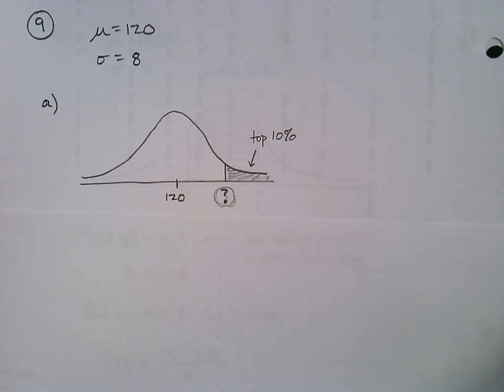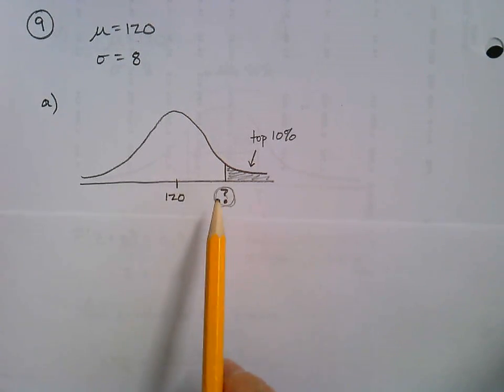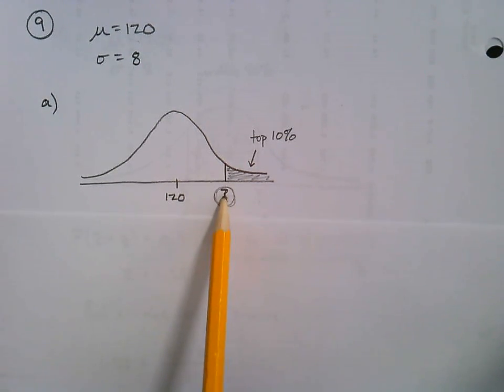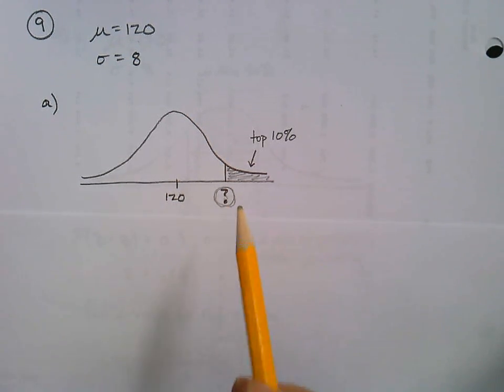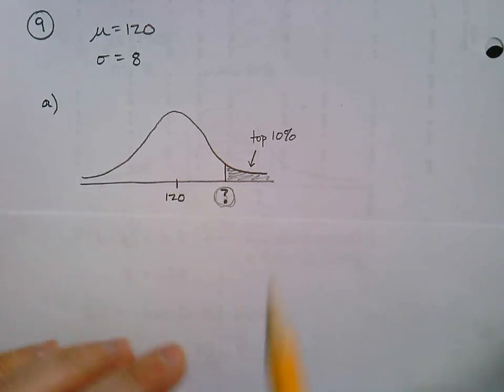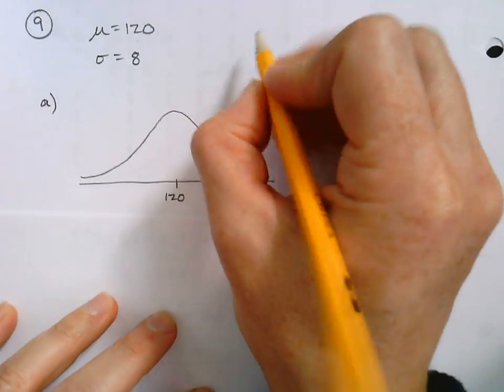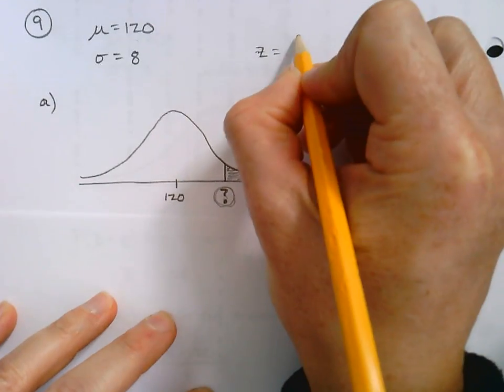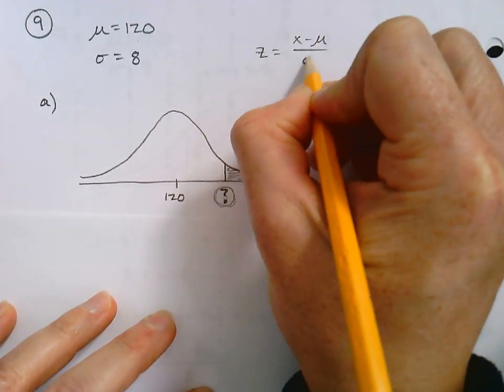Okay, so the first thing we're going to need is the Z-score that goes there. Once we have the Z-score, then we'll use that to figure out the X. We know Z equals X minus mu over sigma, right?